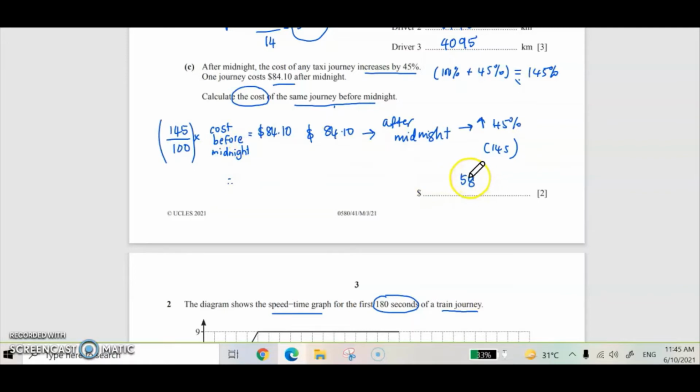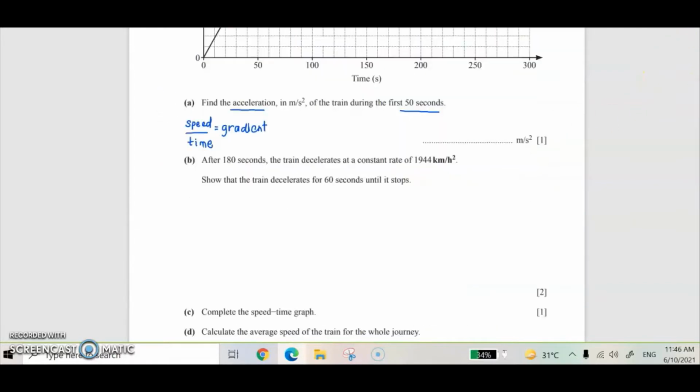Okay, so kalau awak macam confused lagi, okay, awak boleh try recheck dia balik lah. Maknanya $58 you times with 45%. So berapa increasing dia? And then you plus balik dengan 58, you will get $84.10. Okay, that's question number 1.